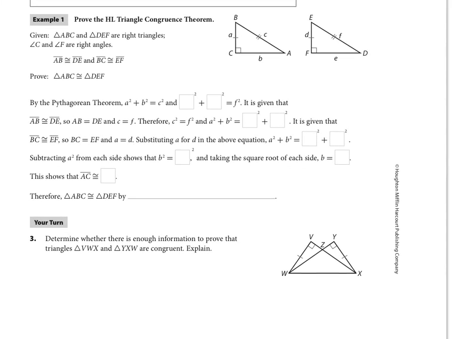So first off, given that triangle ABC and triangle DEF are right triangles, where C and F are the right angles, and also given that AB is congruent to DE and BC is congruent to EF, we're asked to prove that the triangles are congruent.